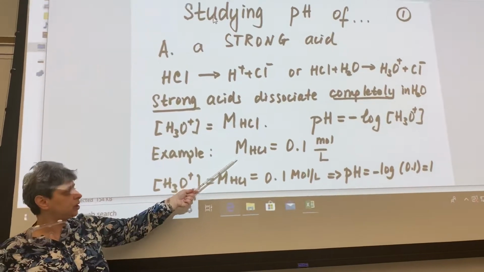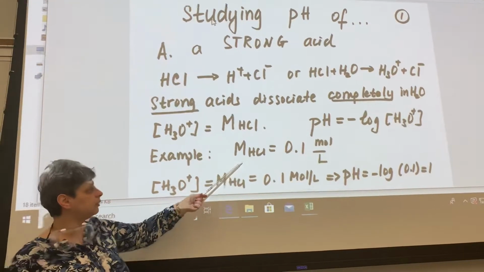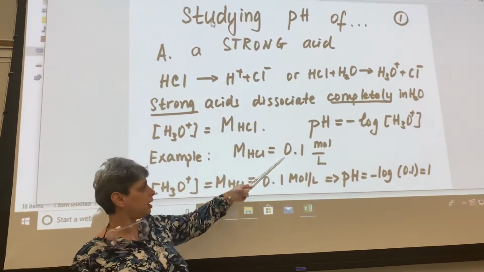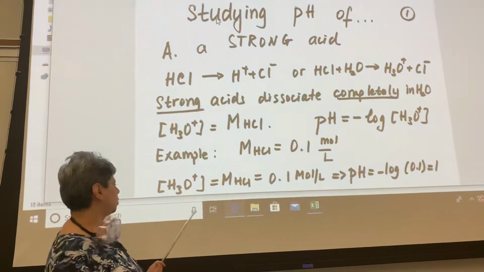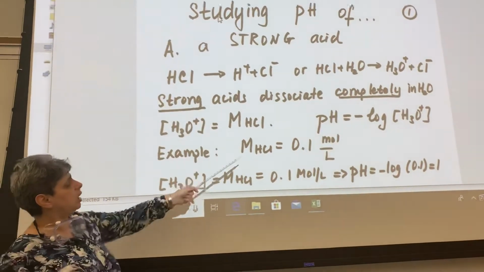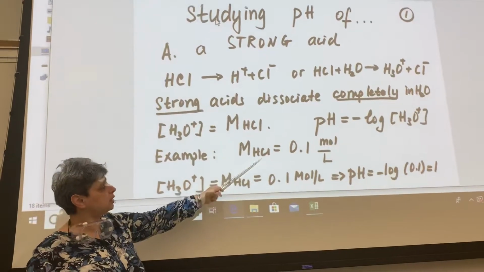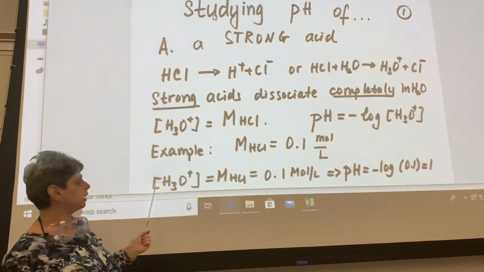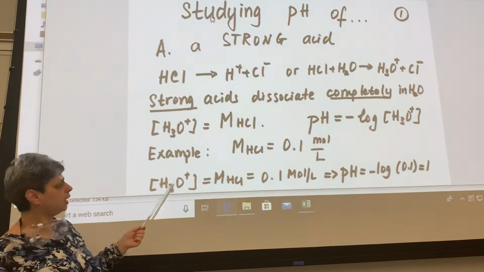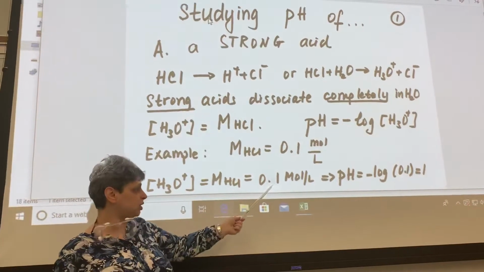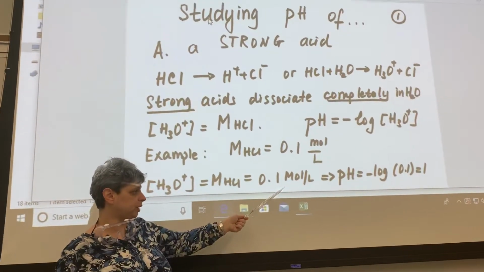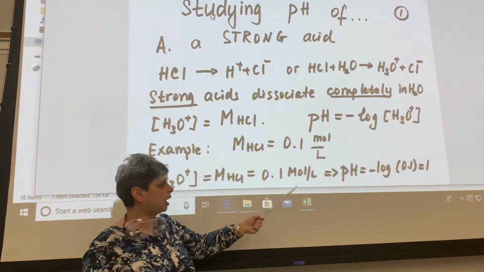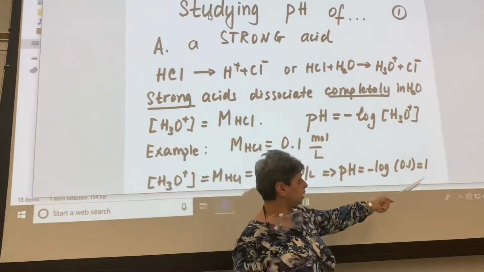The solution of HCl we'll be starting our procedure with for this experiment is 0.1 moles per liter. And so, assuming all of the acid in this 0.1 moles per liter will be converted into hydronium ion, then the hydronium ion's concentration will also be 0.1 moles per liter. And then if we take the negative log of 0.1, we of course get 1.